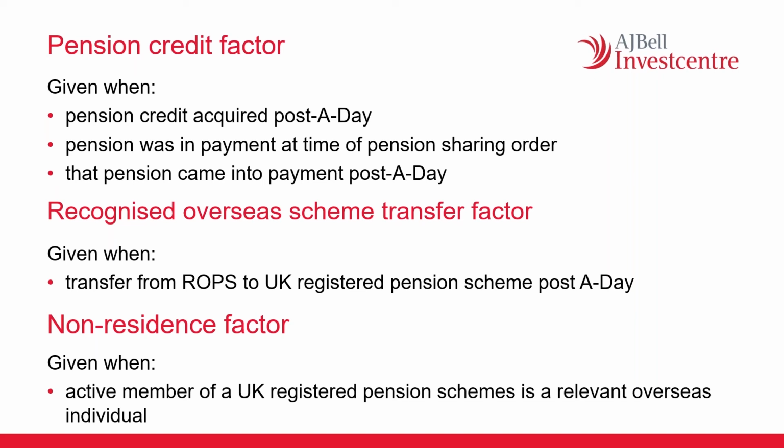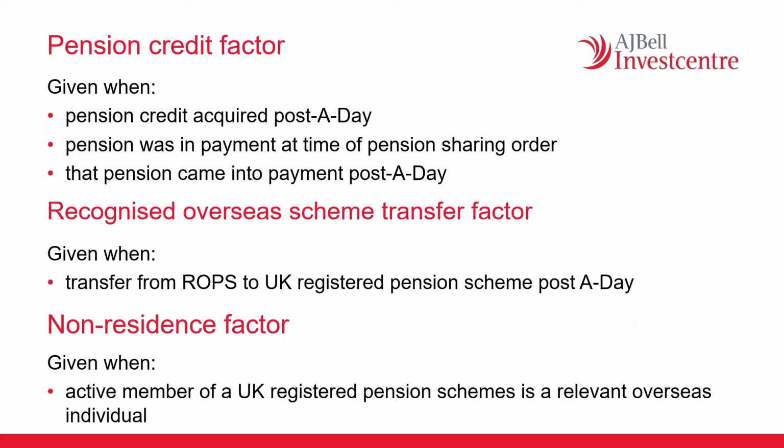Or even if somebody built up pension benefits in the UK and transferred out to a QROPS and is then transferring it back in, which does happen, those benefits will have been tested on the way out, because transferring to a QROPS is a BCE event. So it doesn't get tested again on the way back in, and you can get an enhancement factor for that.